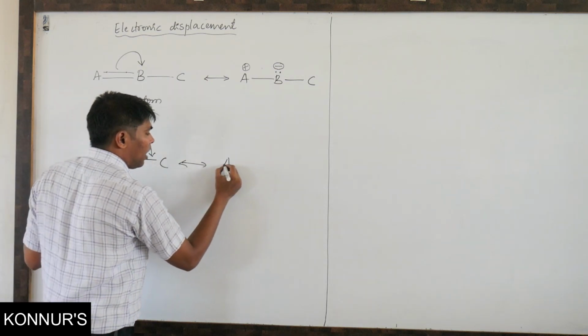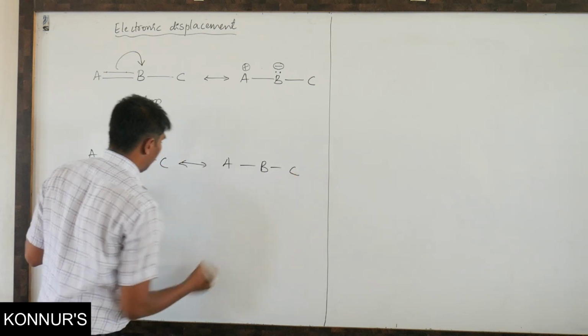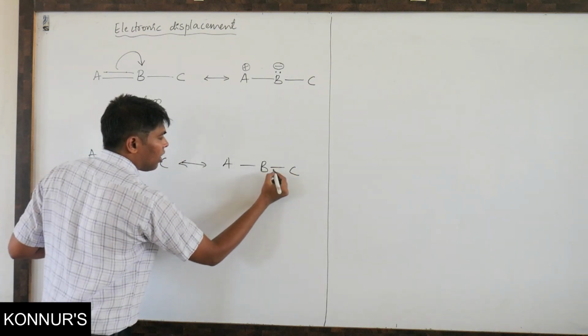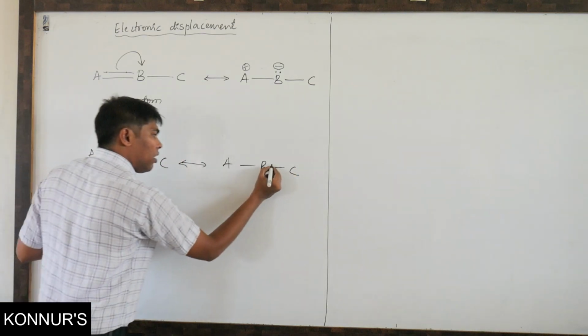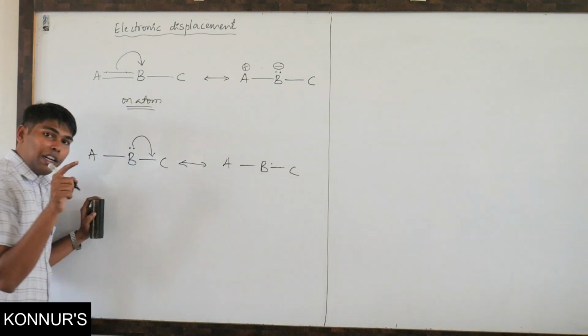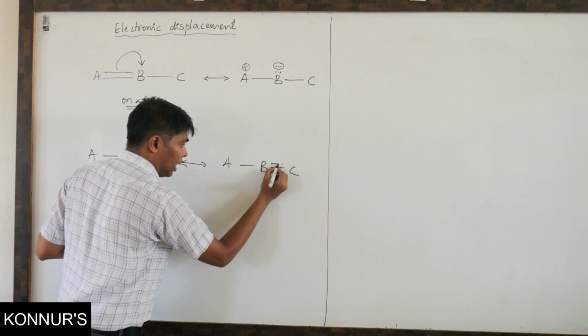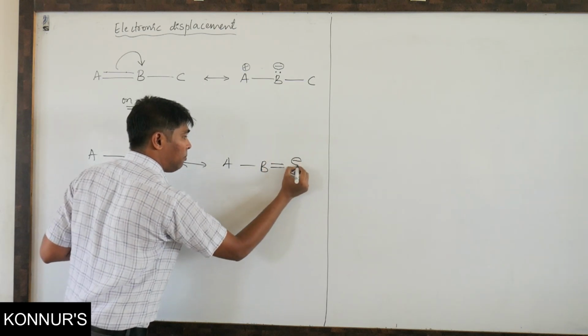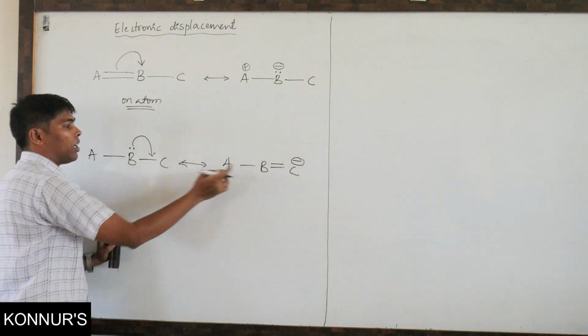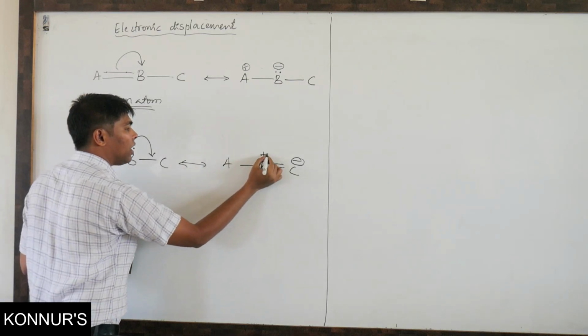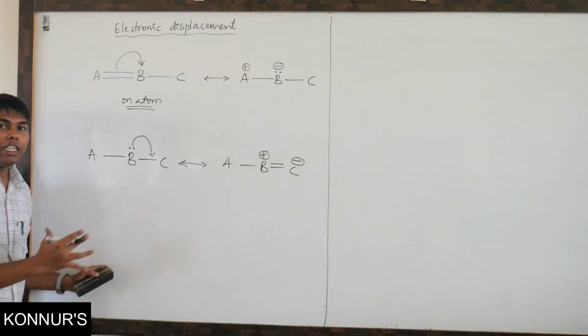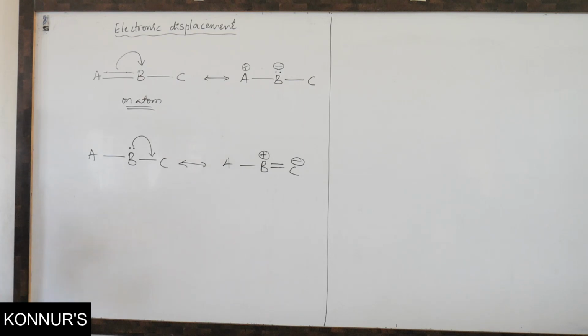Here two electrons are there, one is retained by B and one more goes to C. So C gains one electron and becomes minus, and B has lost one electron to C, so it gets the positive charge. So these kinds of electronic displacements are there.